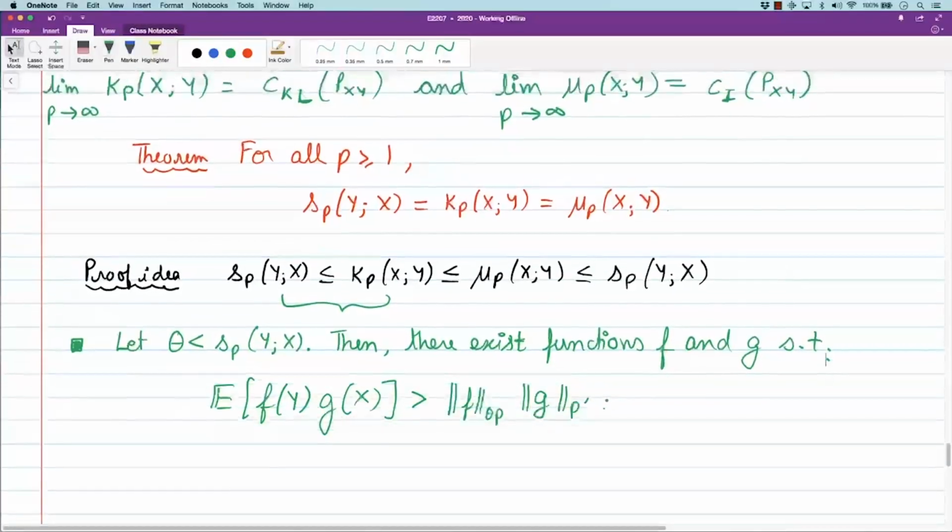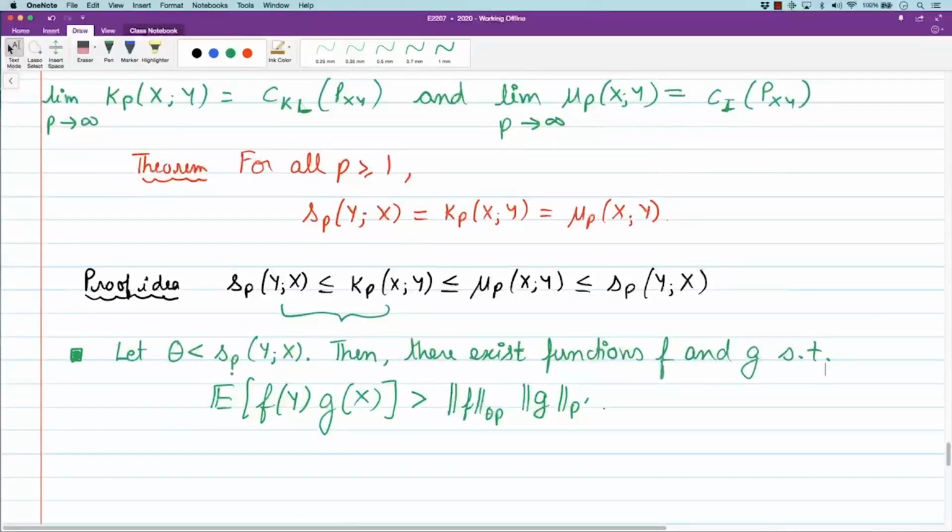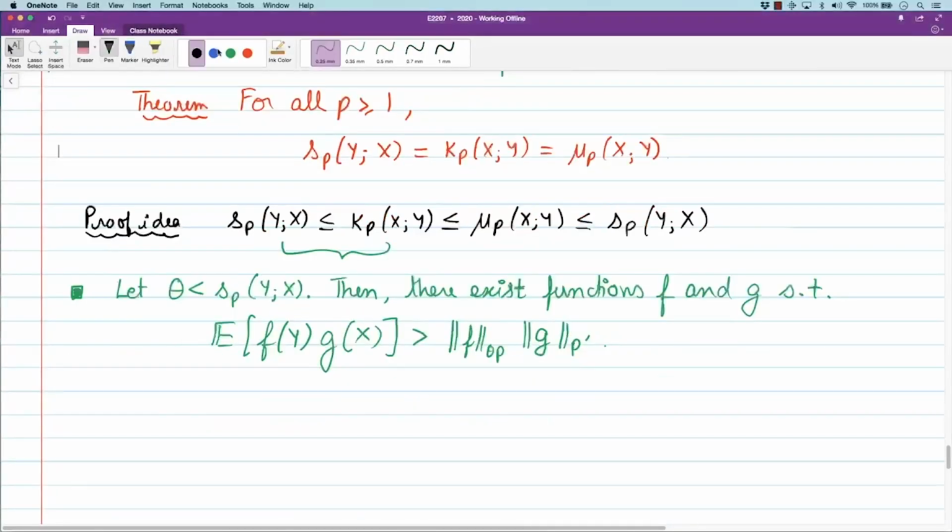Okay, because theta is smaller than the smallest possible constant, so this must exceed this. Note that without loss of generality, we can assume that both these norms are 1, because we can divide by these norms and define new functions, and this inequality must hold for those functions.